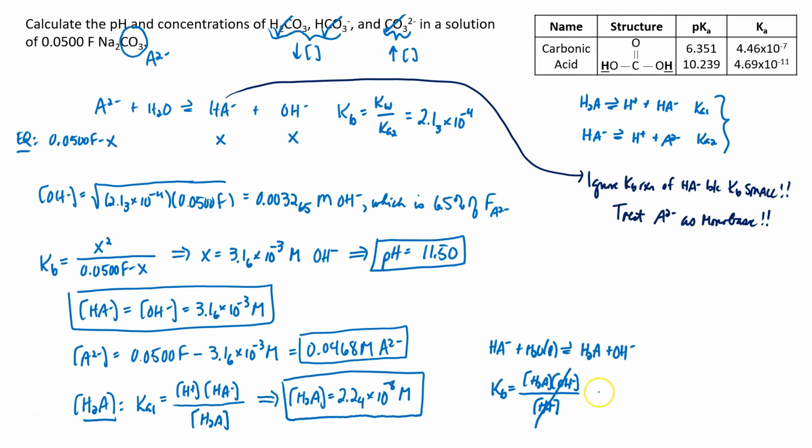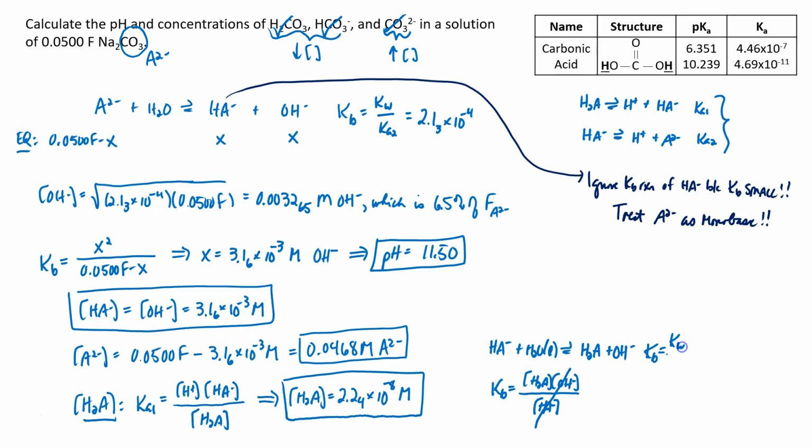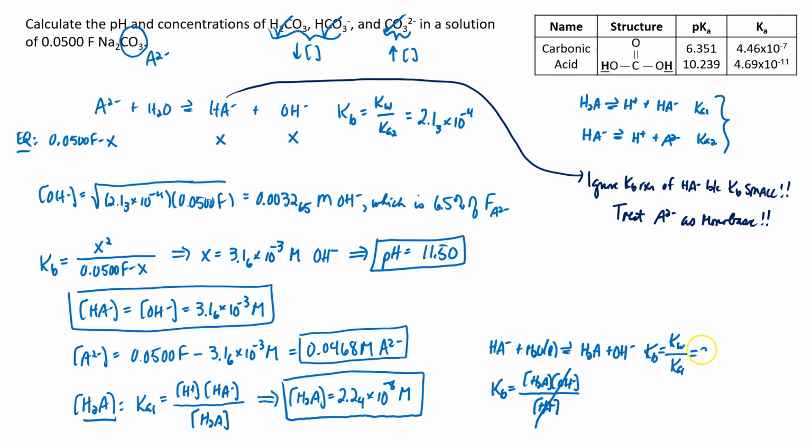So H2A would just be the Kb for this reaction, which you can easily get by taking Kw over Ka1, and it would be what we got here, 2.2 with an insignificant 4 times 10 to the negative eighth molar. So you can get H2A however you want, whether you use Ka1 or you use Kb2, I would call it. Either way is fine.